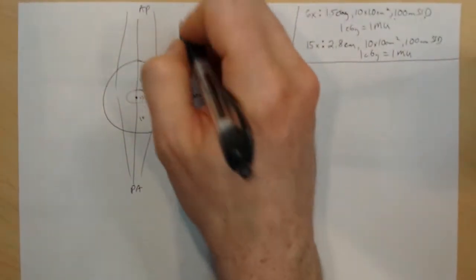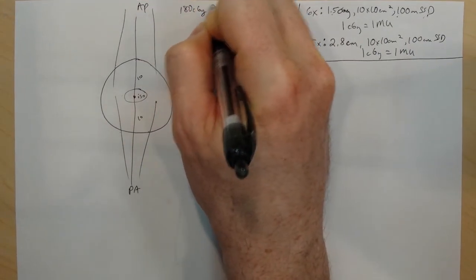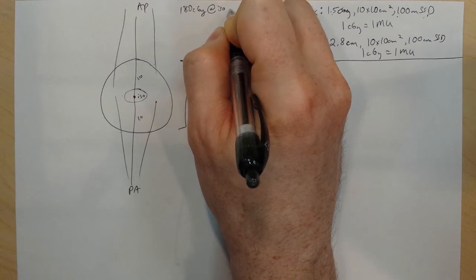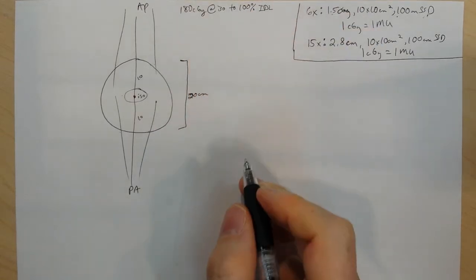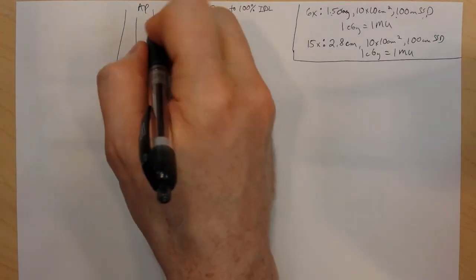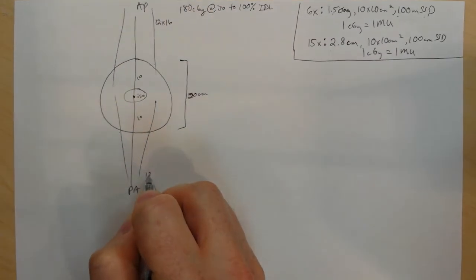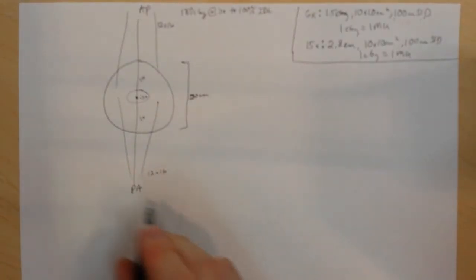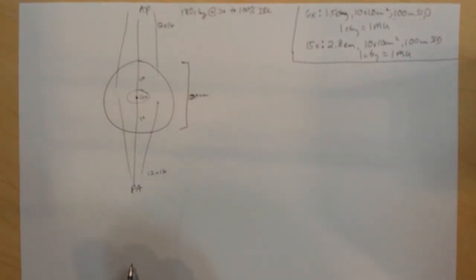So if I am delivering 180 centigray at ISO to the 100% isodose line, how many monitor units do I need from each field? This field is going to be a 12 by 16, and this field is going to be a 12 by 16. So almost everything's identical, so we're only going to have to do one monitor unit calculation.